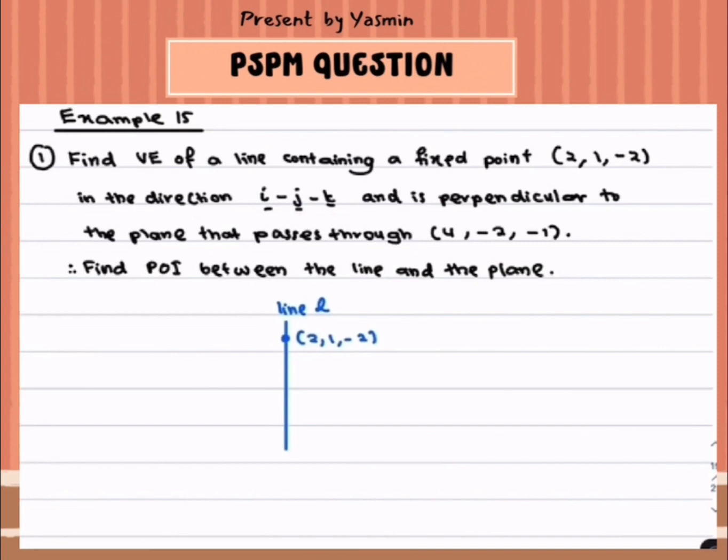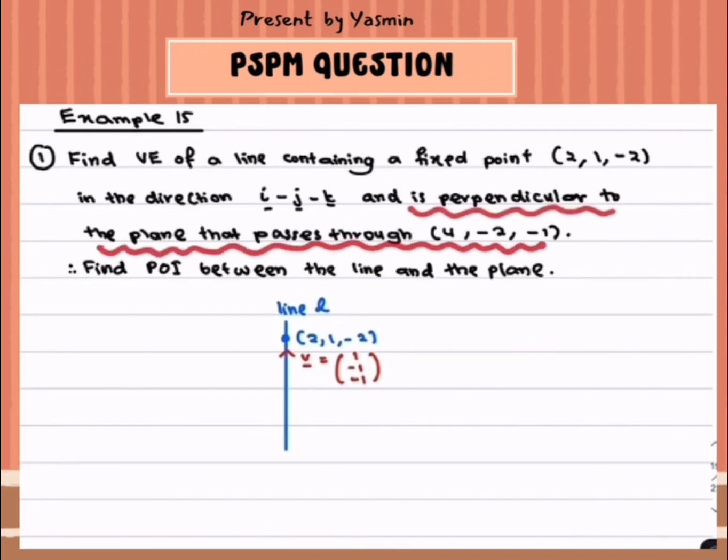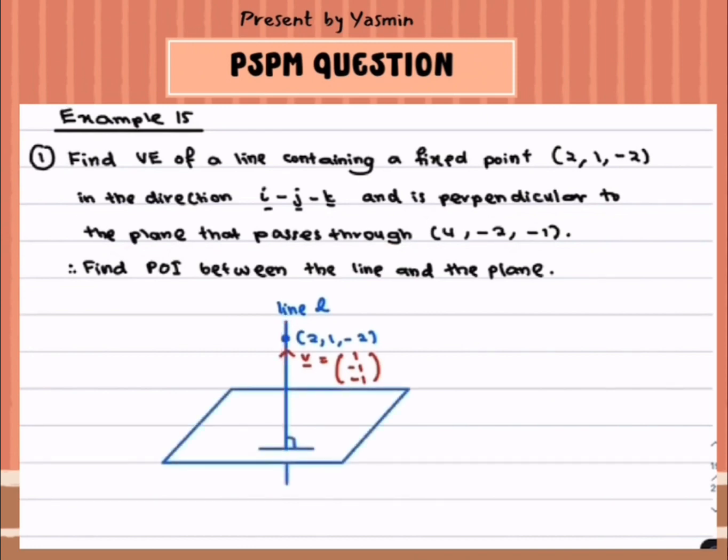And we know that whenever you have the words in the direction, this means that this vector right here is the direction vector v, which is 1, negative 1, negative 1. At the same time, this line is perpendicular to the plane that passes through 4, negative 2, negative 1. So this line is 90 degrees to a plane. And this plane passes through this point. So let's say we have a point 4, negative 2, negative 1 on the plane.